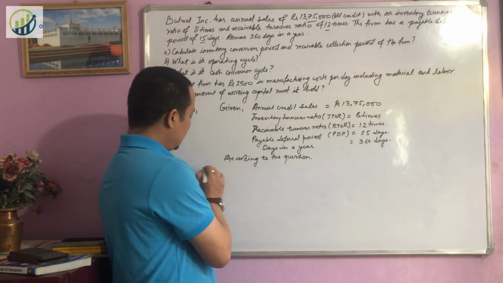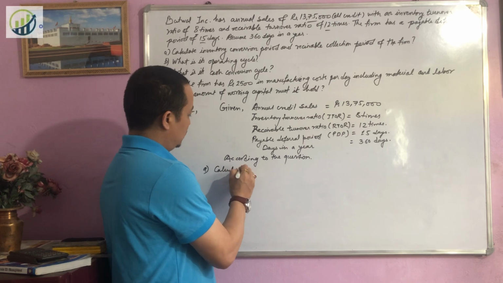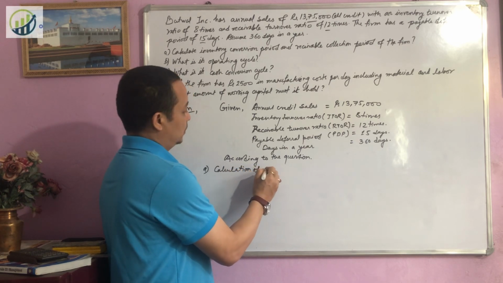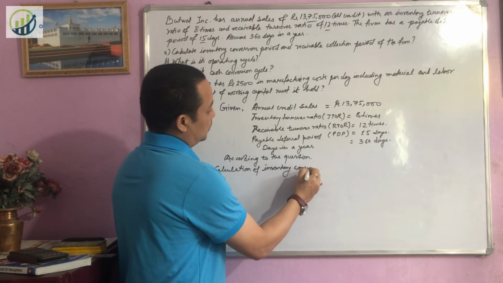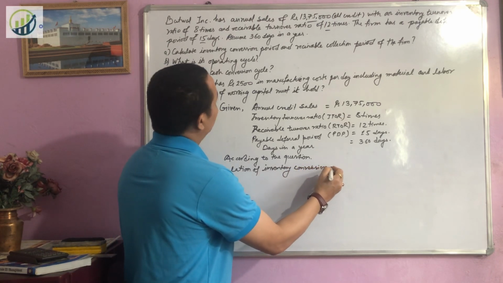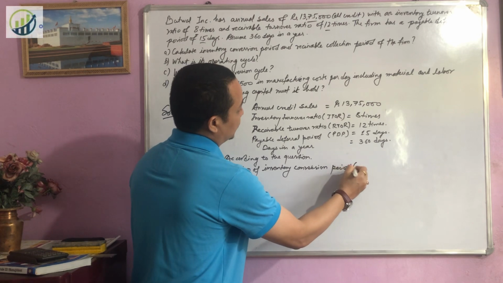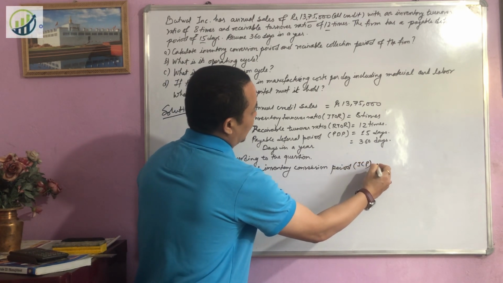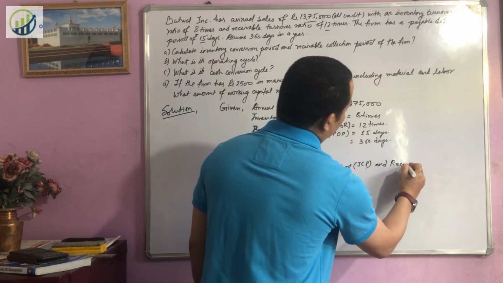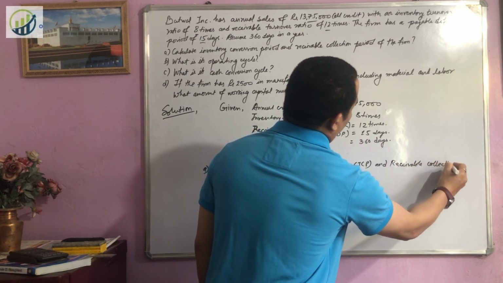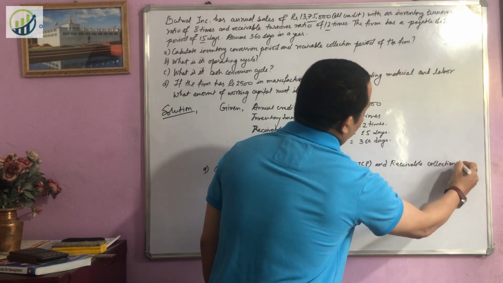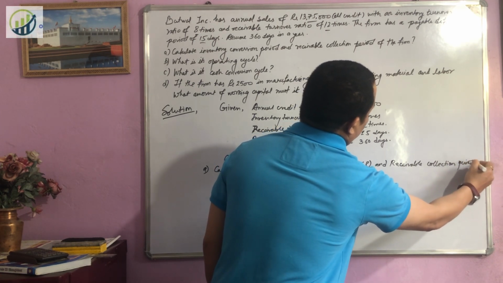So for A, calculation of inventory conversion period, ICP, and receivable collection period, RCP.